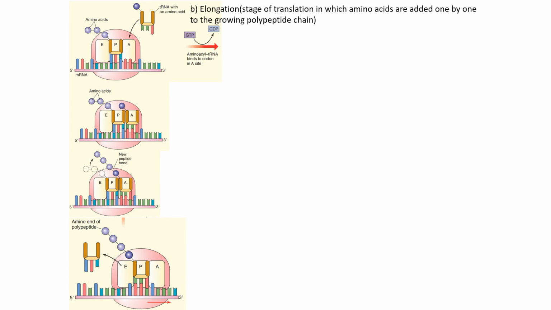Alright, next, after the initiation stage is the elongation stage. Elongation is a stage of translation in which amino acids are added one by one to the growing polypeptide chain, as you can see from this diagram here.